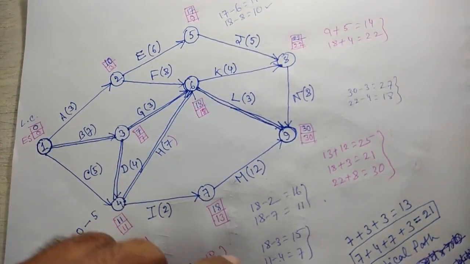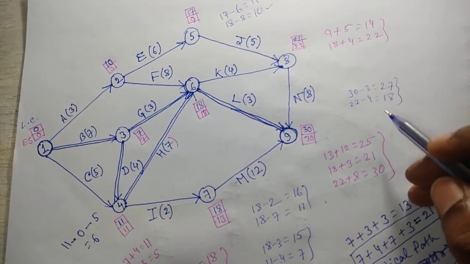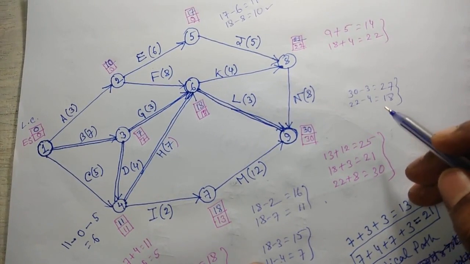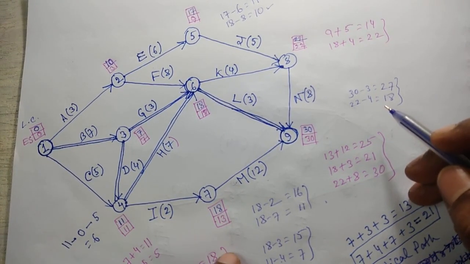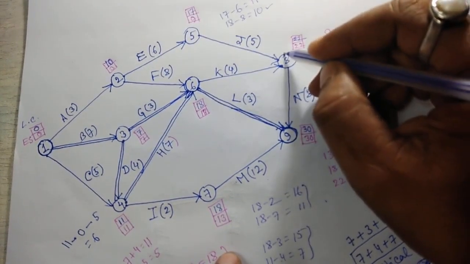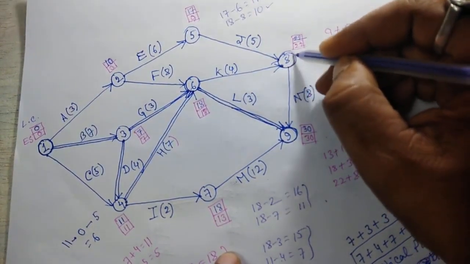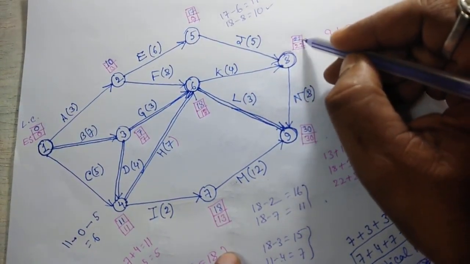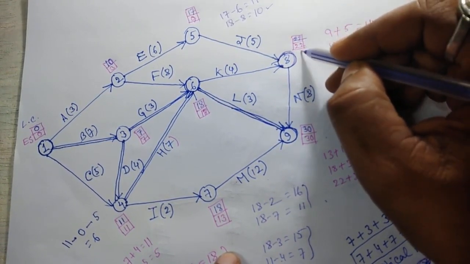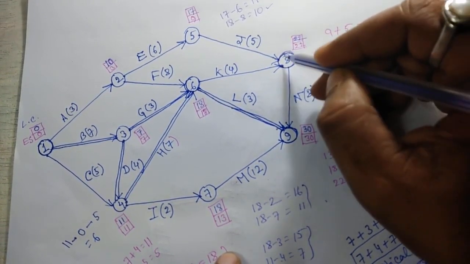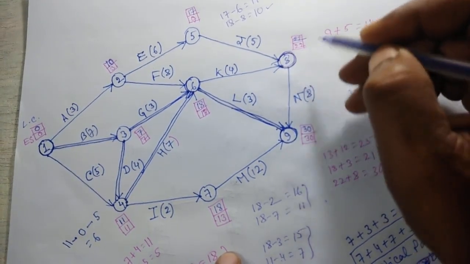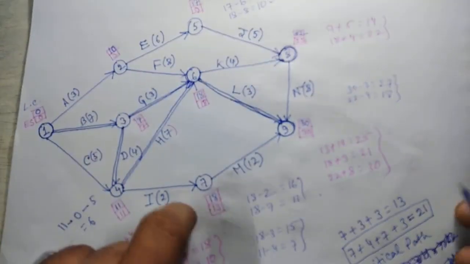There is also another node where earliest start time and latest completion time are equal. This is node number 8. Here the latest completion time is 22 and the earliest start time is also 22. So it should also be considered.